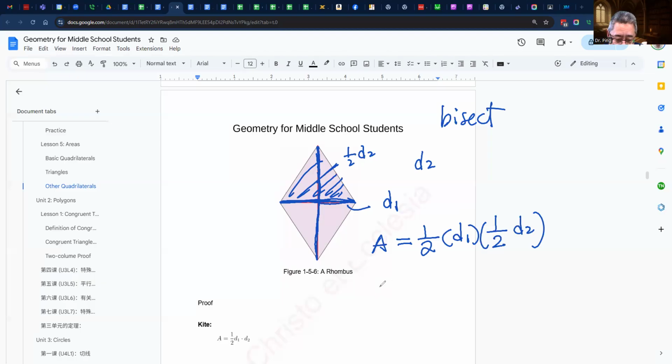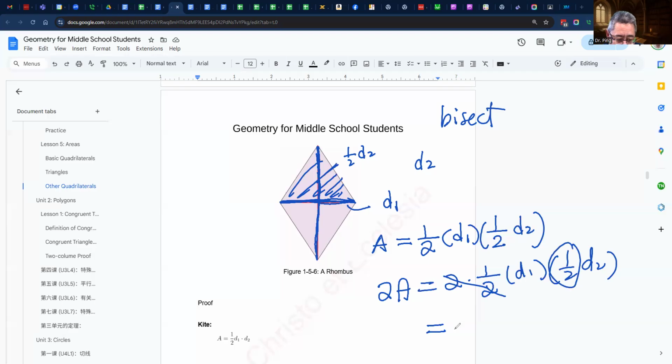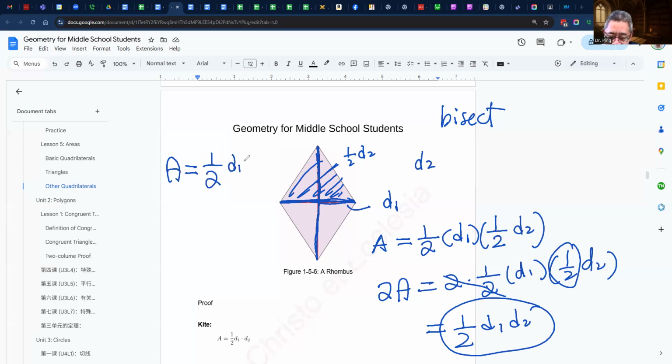So we got 2 times half D1 and half D2. So we can see this got canceled, and we can move this half to the front. Then we got half D1 D2. So that gives us the formula for the rhombus: half times the diagonal, then times the other diagonal. So it is the multiplication of 2 diagonals, then divided by 2.